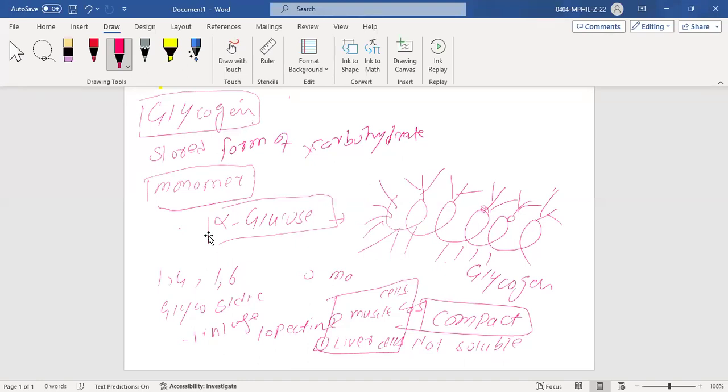All other chapters are not that difficult. This one is also not difficult, but here you have some structures that you need to differentiate. At least you should know the difference between the monomers glucose, fructose and galactose. When you know the difference in their structures, it will be easy to understand how they form glycosidic linkages.